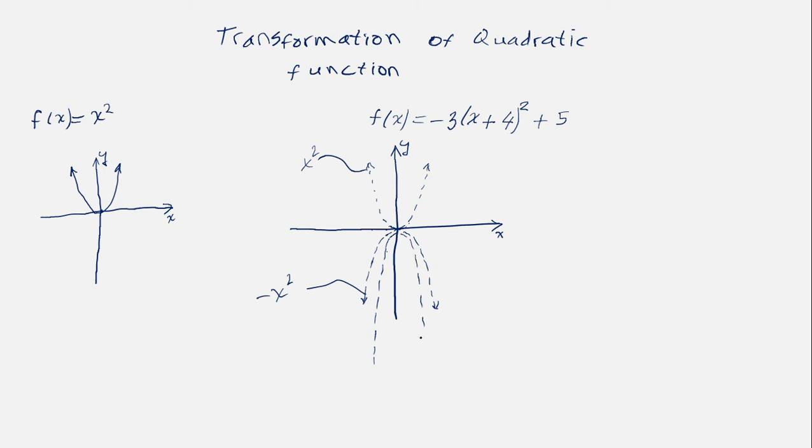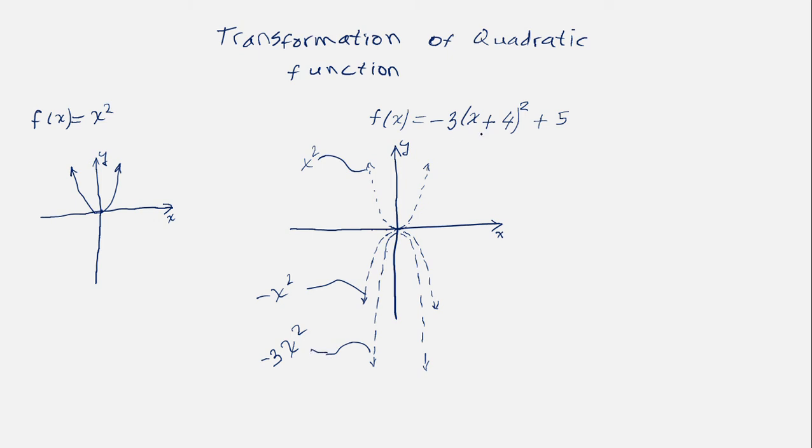It actually got more stretched, so it looks as if it is narrow. It's like we pulled it down in the direction of negative y. We still have negative x squared because the function is flipped, it's opening down right now. And since we stretched it by a factor of 3, there is a 3 in front of x squared. So that would be this case.